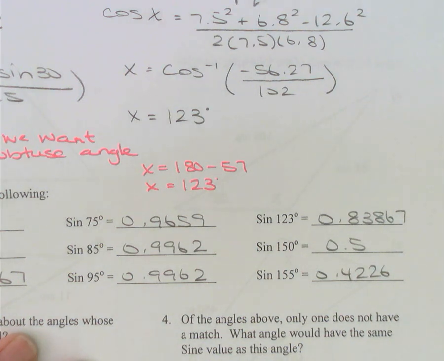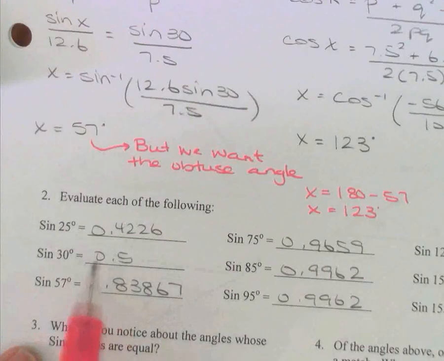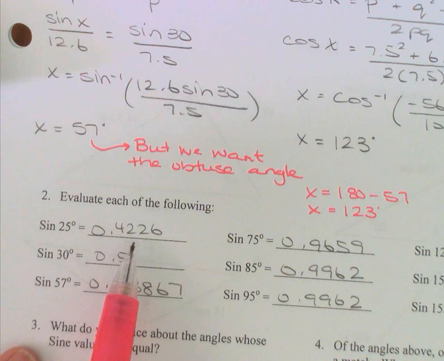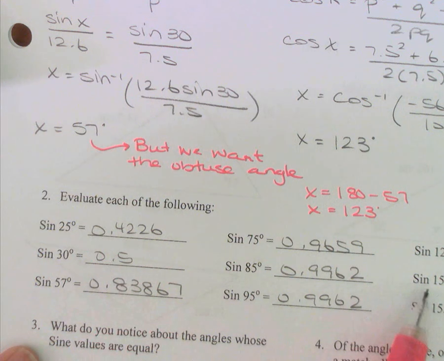Now I want to look at the values that are the same. So for example here, sine of 155, I got 0.4226. And sine of 25, I also got 0.4226. Same thing here with sine 30 and sine of 150.